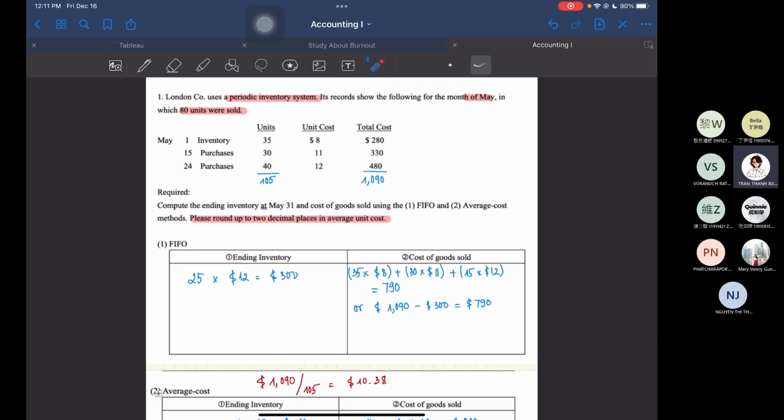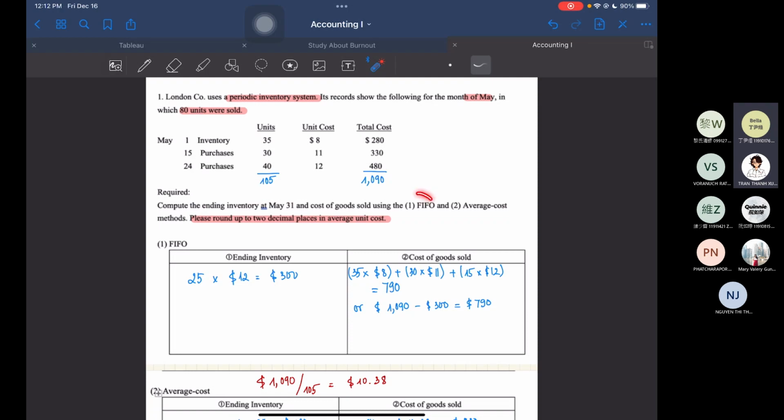What is the first thing you need to do? The first thing is to sum up the total items and the total cost that you have here, and also remember to check the unit cost in order to double check with the price later.